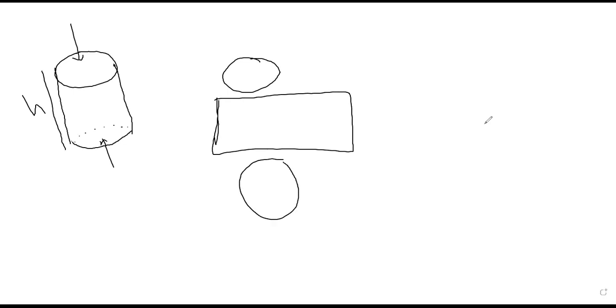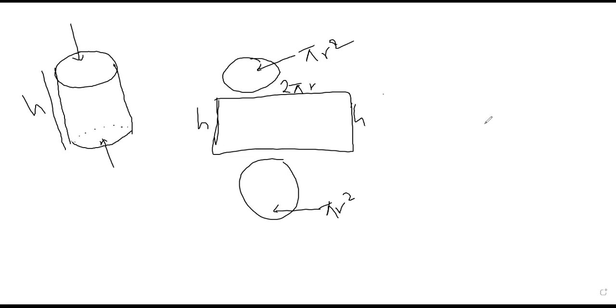Now we'll discover that this is the height of the cylinder, h, and this here is the length, which is 2 pi r. Here is the top, and we also have the bottom, which is this. Now the area of the top is given as pi r squared, and also the area of the bottom is given as pi r squared.